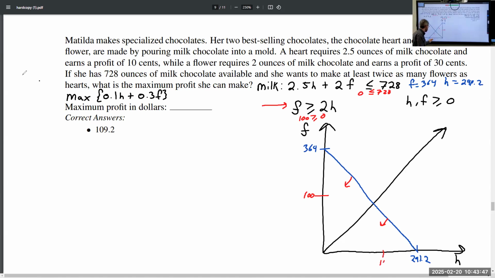You don't have to do 100. You can pick anything you want. In fact, I probably could have just picked 1. That would have worked. But here you can see that this one, I don't believe will work, because you'd have 0 is greater than 200, and that's not correct. So it looks like we're pointed that way. So I think we're in that triangle. I think we're somewhere here. This was a test. That's how I do it.